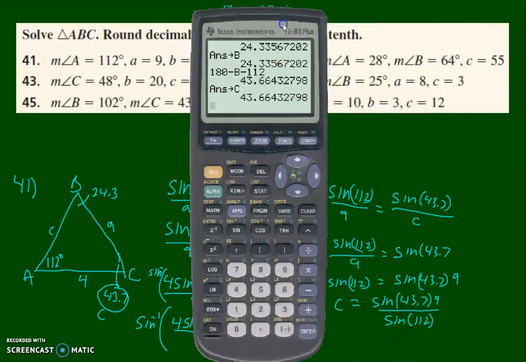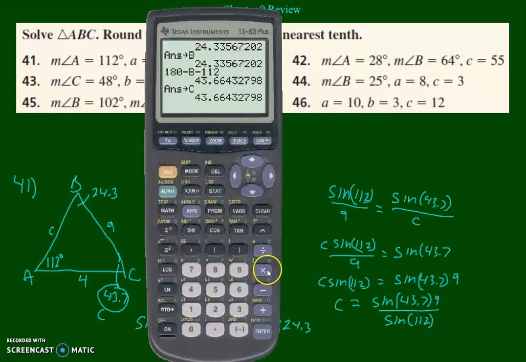Now again, I'm going to pull up my calculator. This time let's move it over here and enter this calculation. Again, we're going to have a couple of things in the numerator, so I'm going to use parentheses just in case. Sine of, now this was angle C, so I'm going to recall my C value, and multiply that by 9.